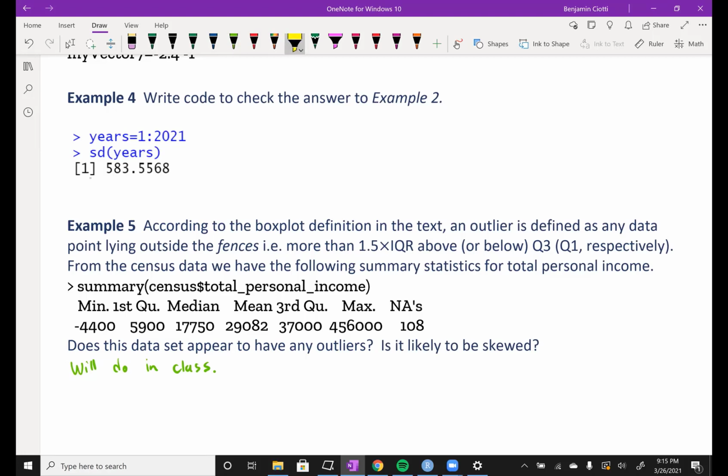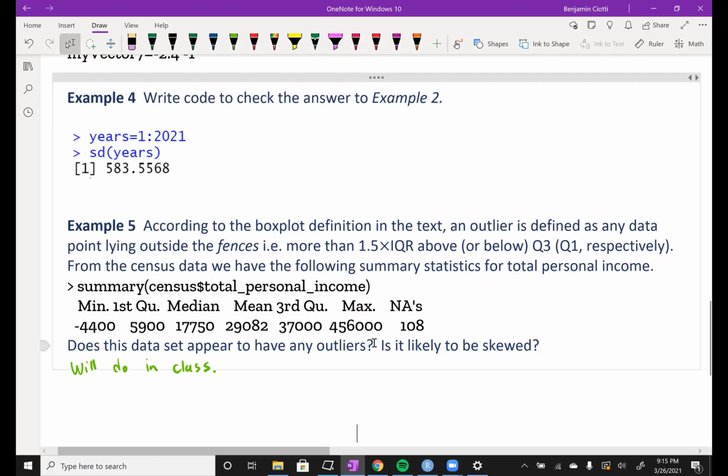So you're going to have to construct the upper fence and consider this maximum personal income. And I will also talk about whether this is likely to be skewed. So I want you to think about these questions, see if you can do it yourself, and you'll see if you get it right when we get to class.